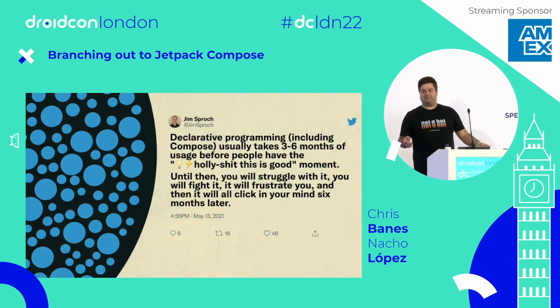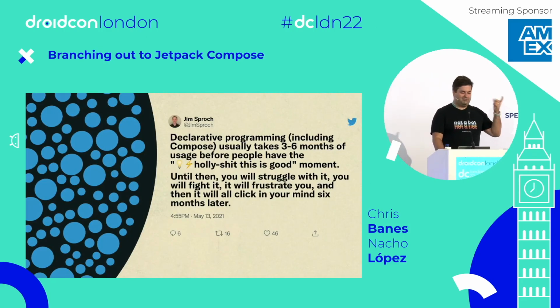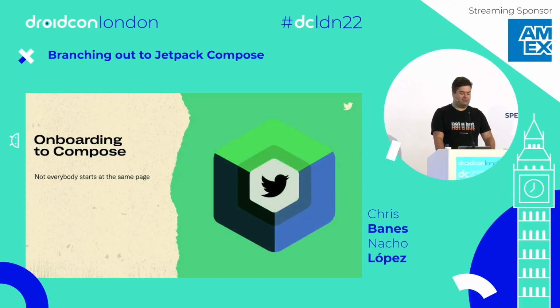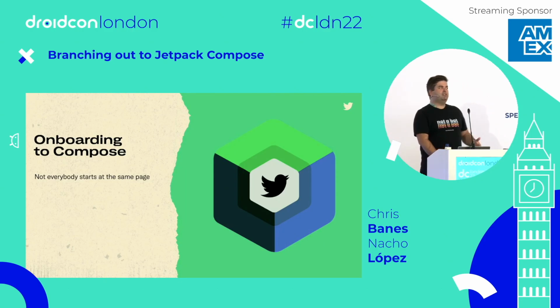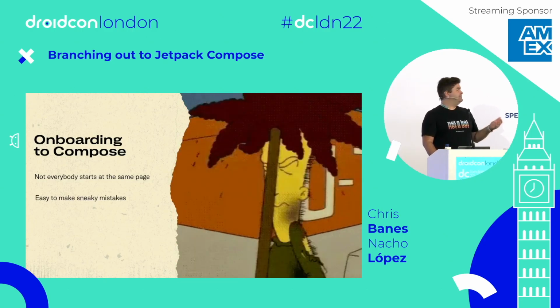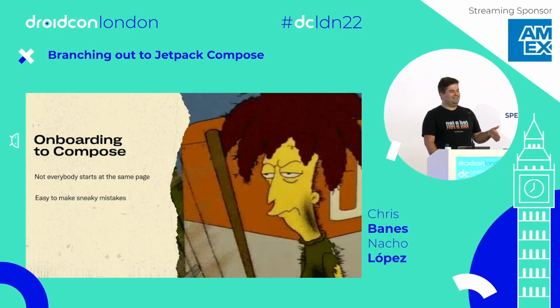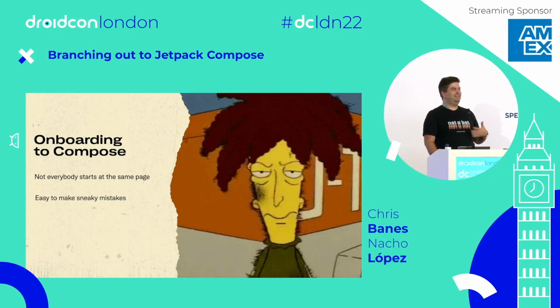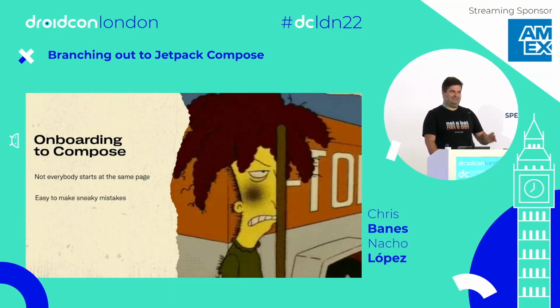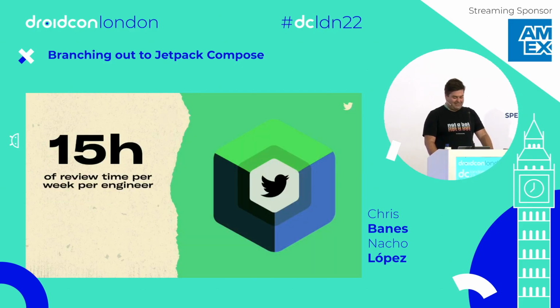The learning curve is very steep, etc. It requires your mental model to change, as we were talking before. So we found the same situation when onboarding people to use Compose, because not everybody is starting at the same page. And it is very easy to make mistakes that are very sneaky, not easy to spot at all.